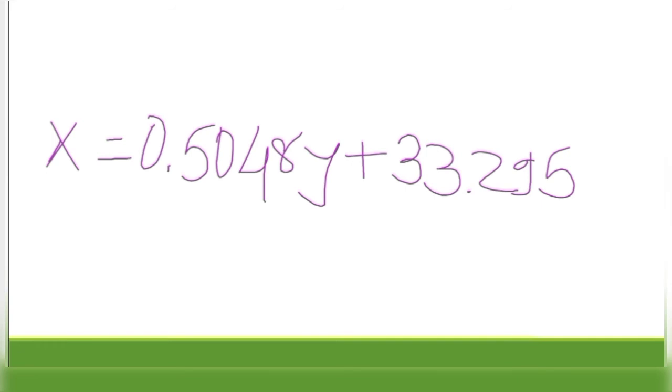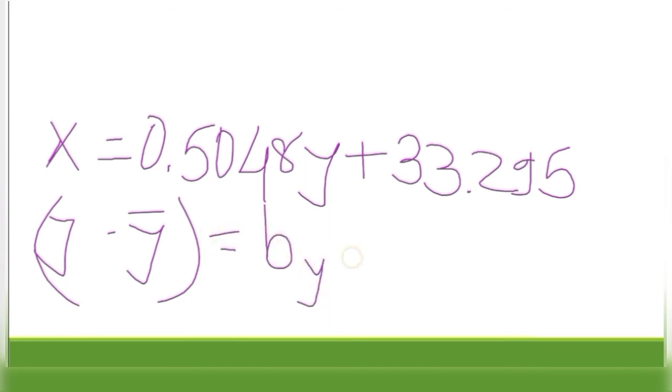Then next you will have to find out the equation of regression line of y on x, which will be y minus y bar is equal to byx into x minus x bar.